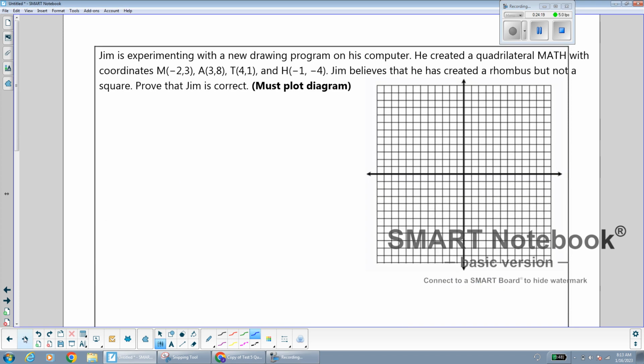Okay, so Jim wants to prove this is a rhombus, but not a square.